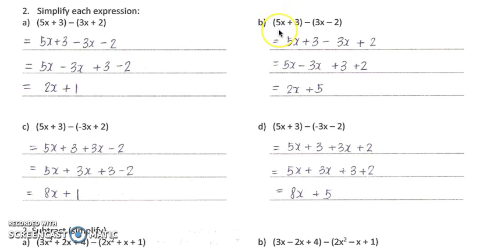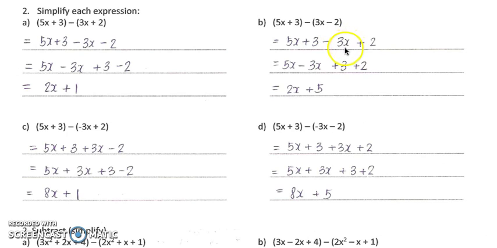B. 5x plus 3 minus the group 3x minus 2. So 5x plus 3 stays the same. The group that is being subtracted, now remember without the brackets, we have to reverse the signs.